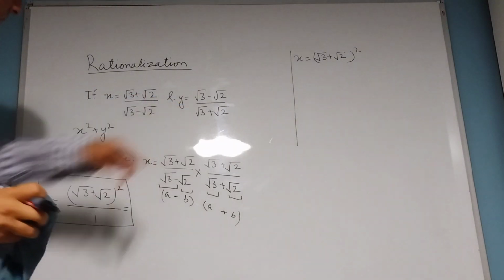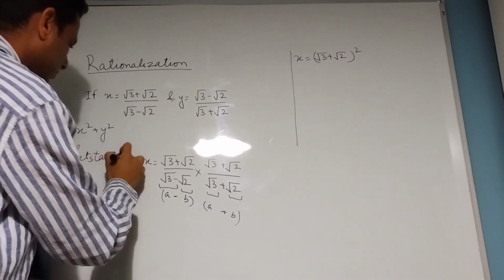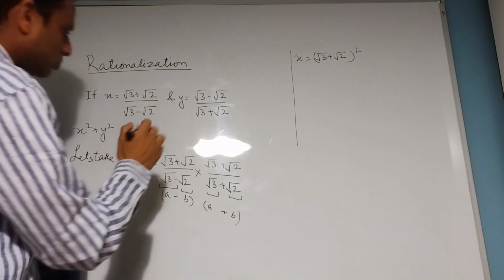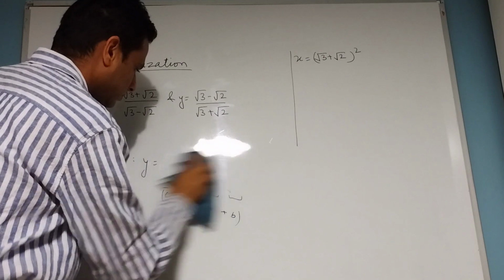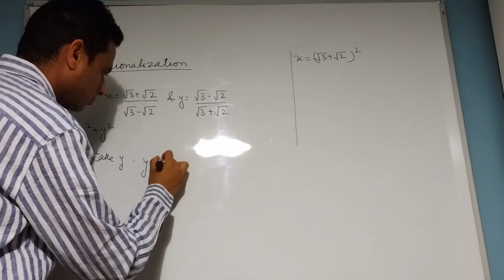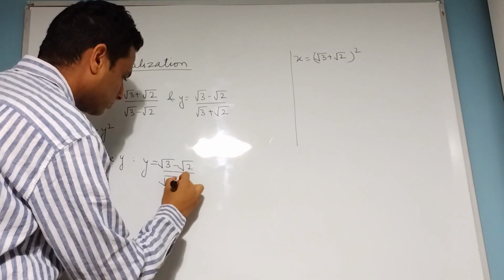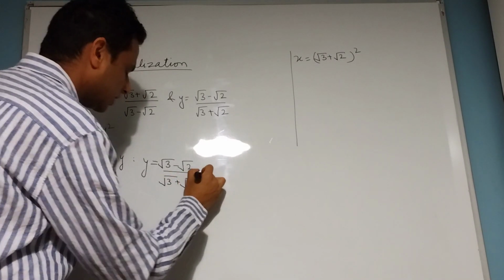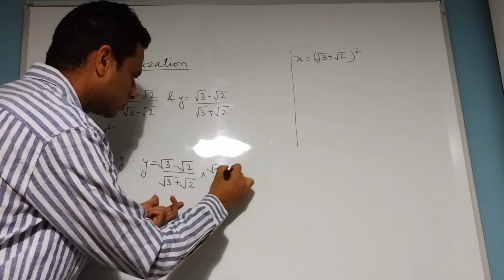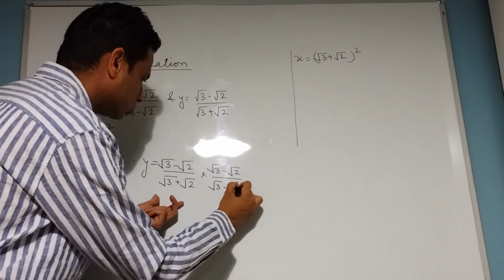Let's try to find the value of y in a similar fashion. Y equals root 3 minus root 2 divided by root 3 plus root 2. We multiply and divide this fraction by the opposite of the denominator, root 3 minus root 2 by root 3 minus root 2.